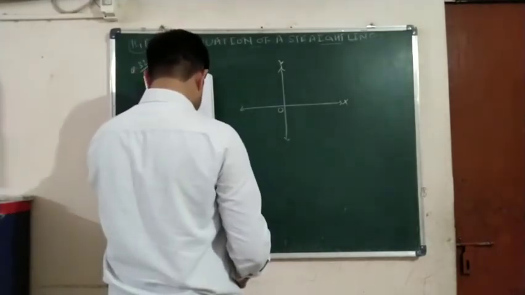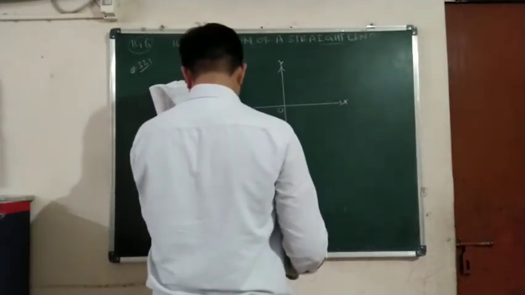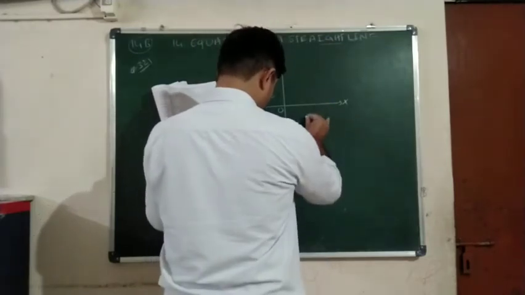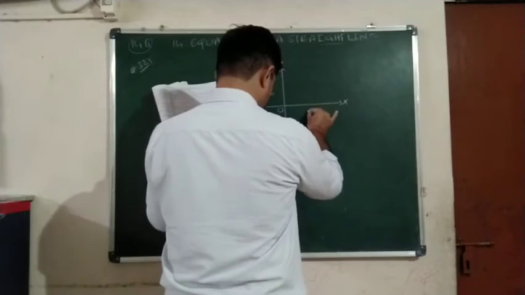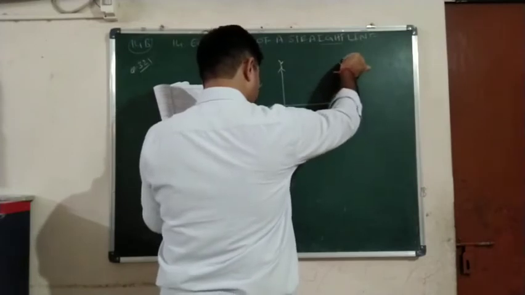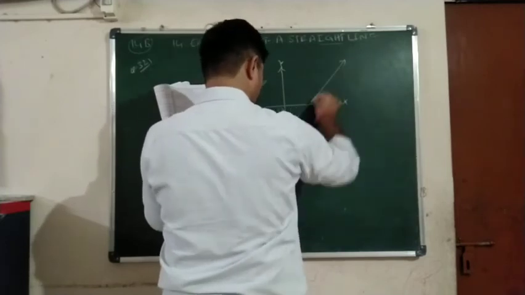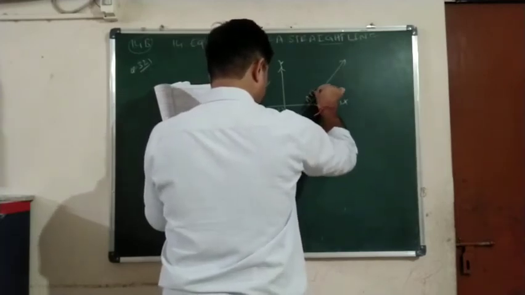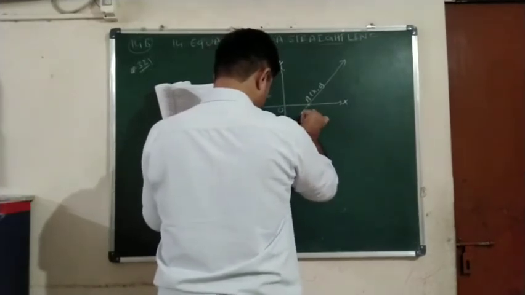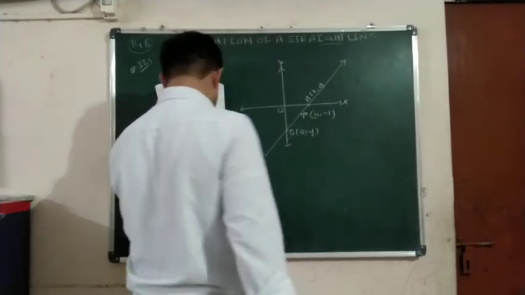AB meets the x-axis at A and the y-axis at B. Point P is (4, -1): x coordinate is 4 and y coordinate is -1. So our diagram will be like this. A is (x, 0), B is (0, y), and this is point P having coordinates (4, -1).